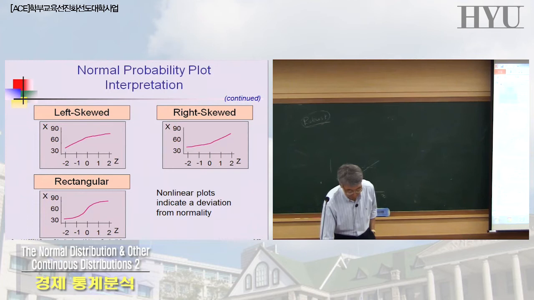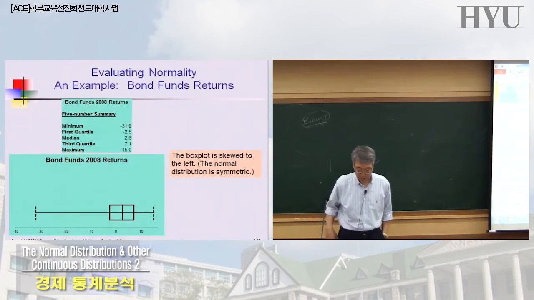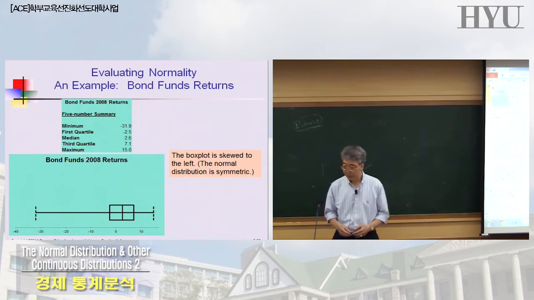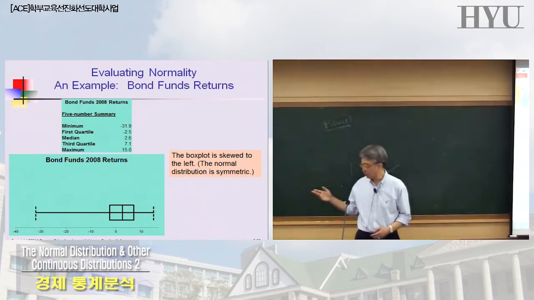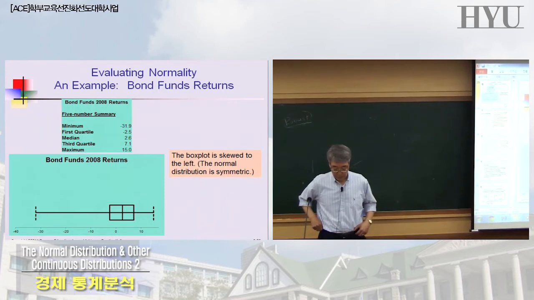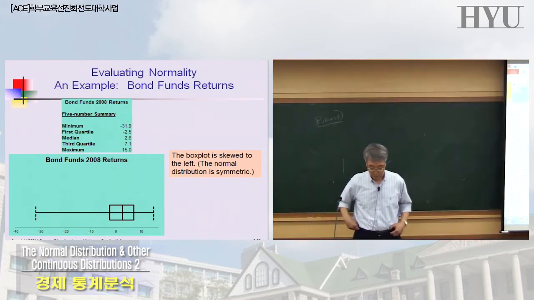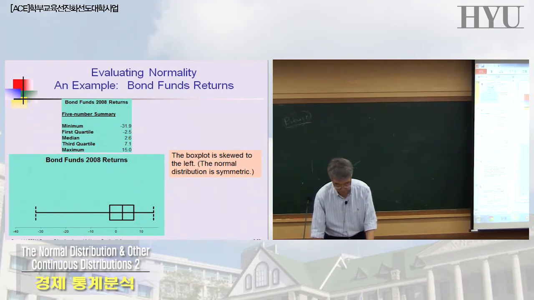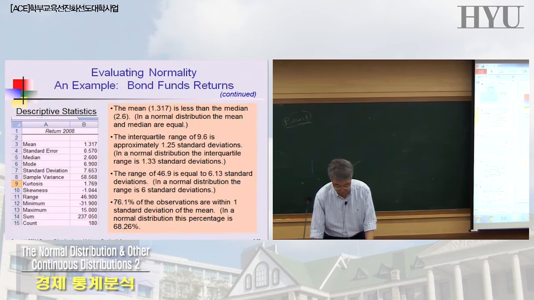It's a weird shape. Another thing you can do is, based on the 5-number summary, you can construct a box plot. And you can clearly see this box plot is left skewed. It's got a long tail on the left-hand side. You can conclude that this is not considered normal. And here, a couple more slides.